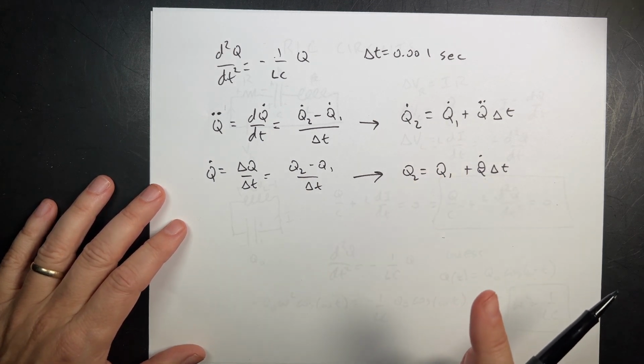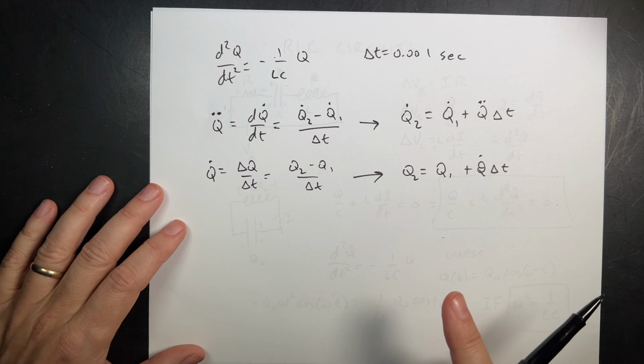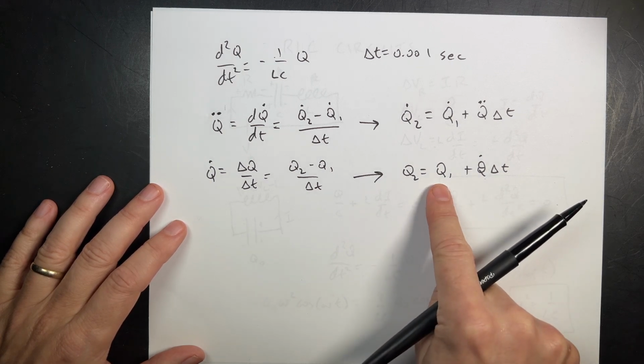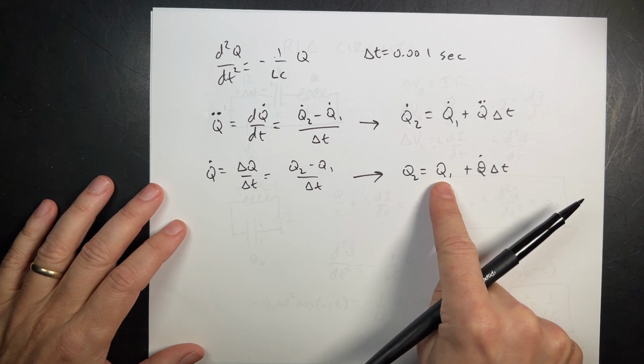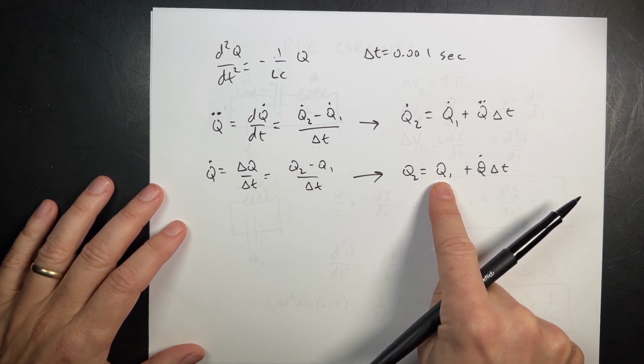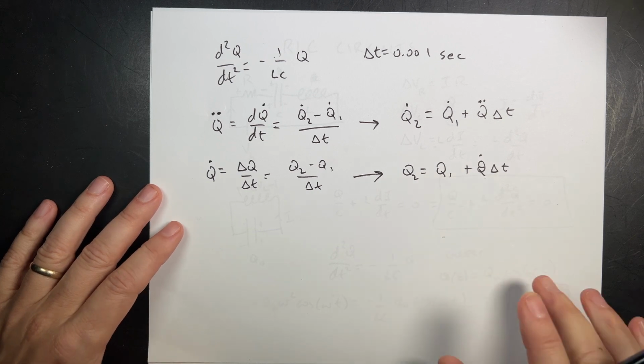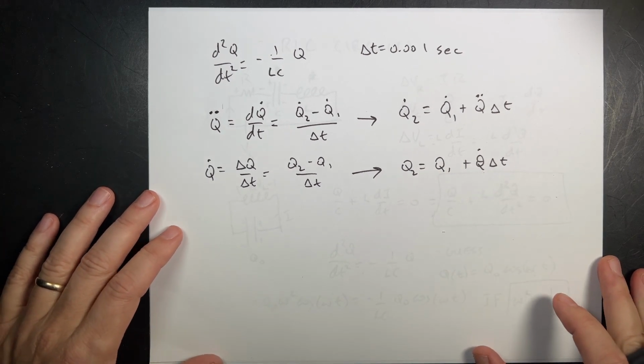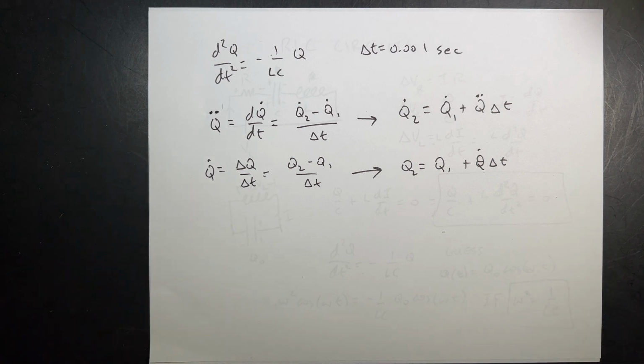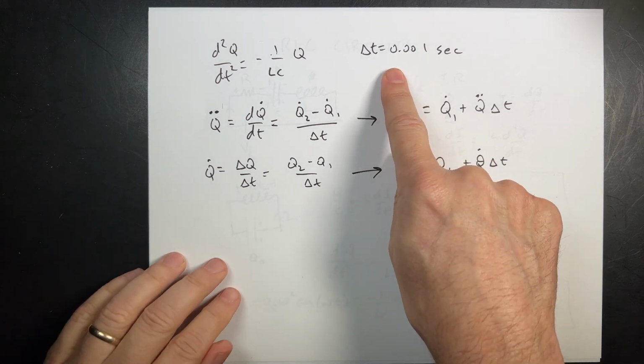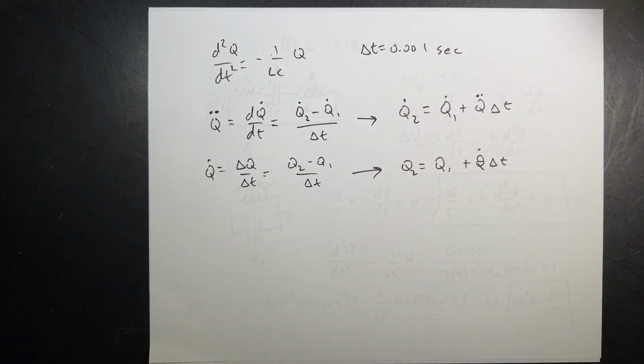Now, there is one small problem here. And that problem is that Q is the charge on the capacitor, and q dot is the rate of current. So q dot is going to be negative dq/dt. But we can break this up into 1,000 time intervals to get 1 second of data, and then we can plot that.